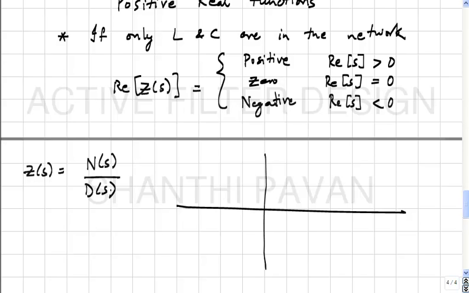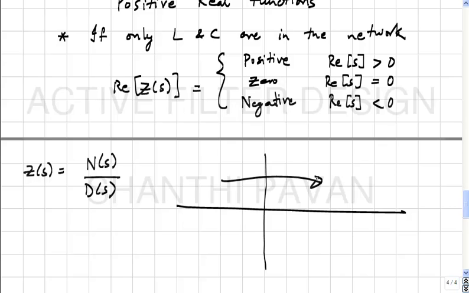Now, from what we have just seen, when this ratio of polynomials is evaluated, let us say you are going from here to here along that path, can you comment on the real part of Z of S? It will go from negative to positive.